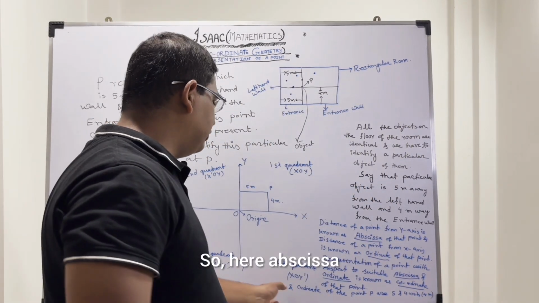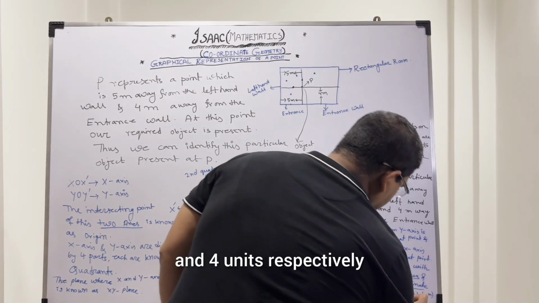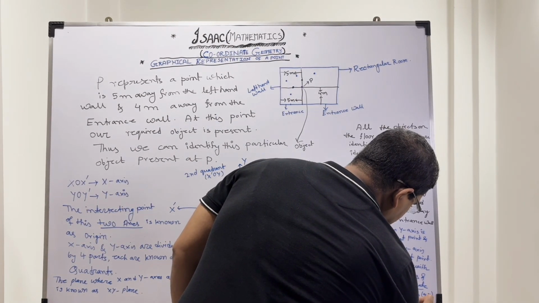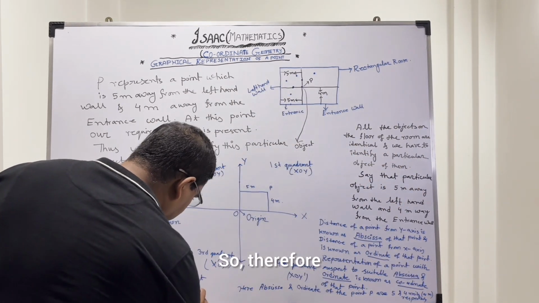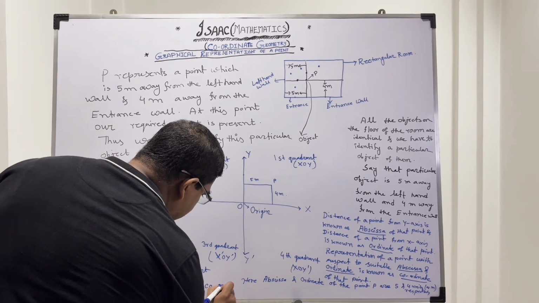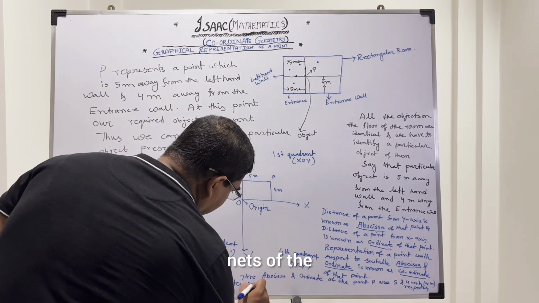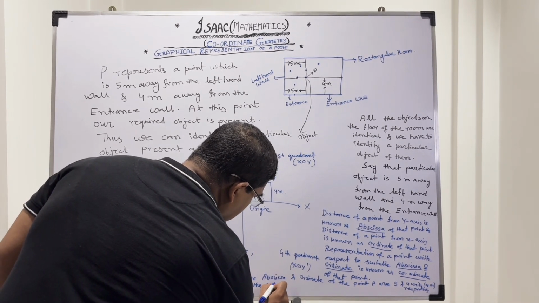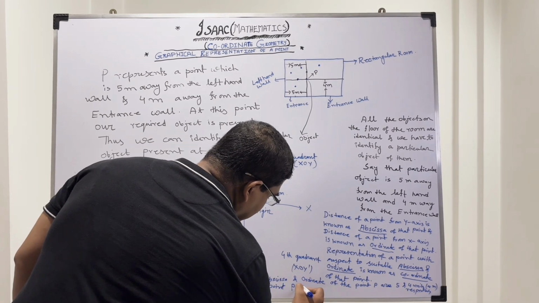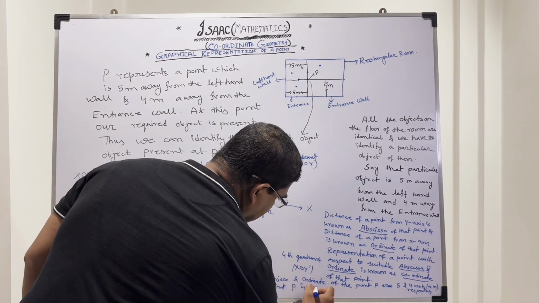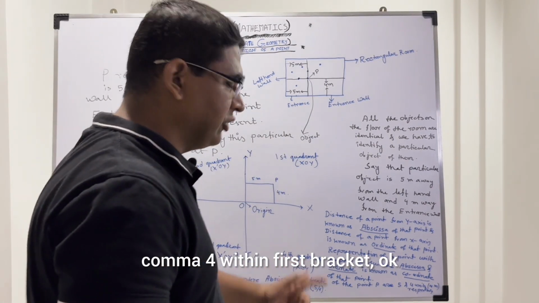So here abscissa and ordinate of the point P are 5 and 4 units respectively. So therefore coordinate of the point P is (5, 4) within first bracket.